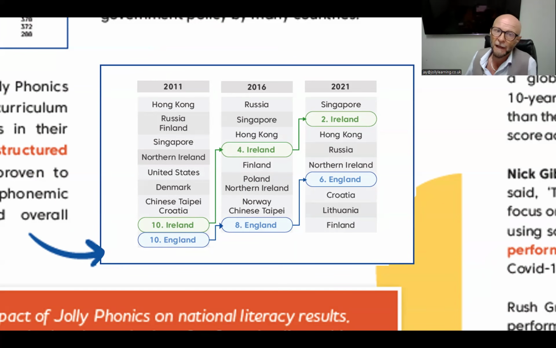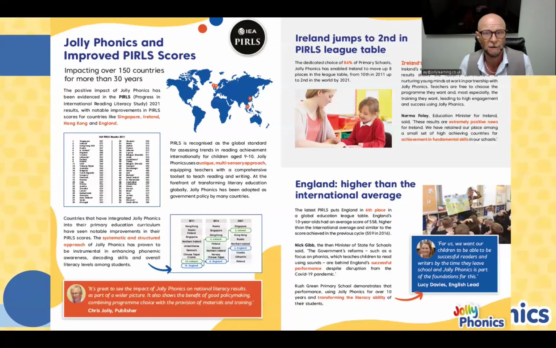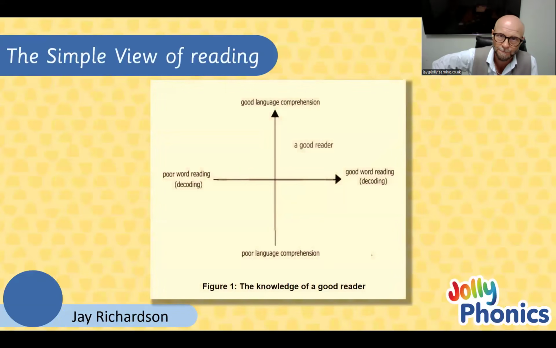Okay, it's also worthy of note that the States in 2011 were in the top 5 or 6, but they've now dropped off the list altogether, and they're still heavily dependent on whole word reading strategies. And they are only recently coming to grips with the idea that SSPs is far more productive. Okay, so we're not going to spend too much time on that today. Just to let you know that it's all out there to be looked at.